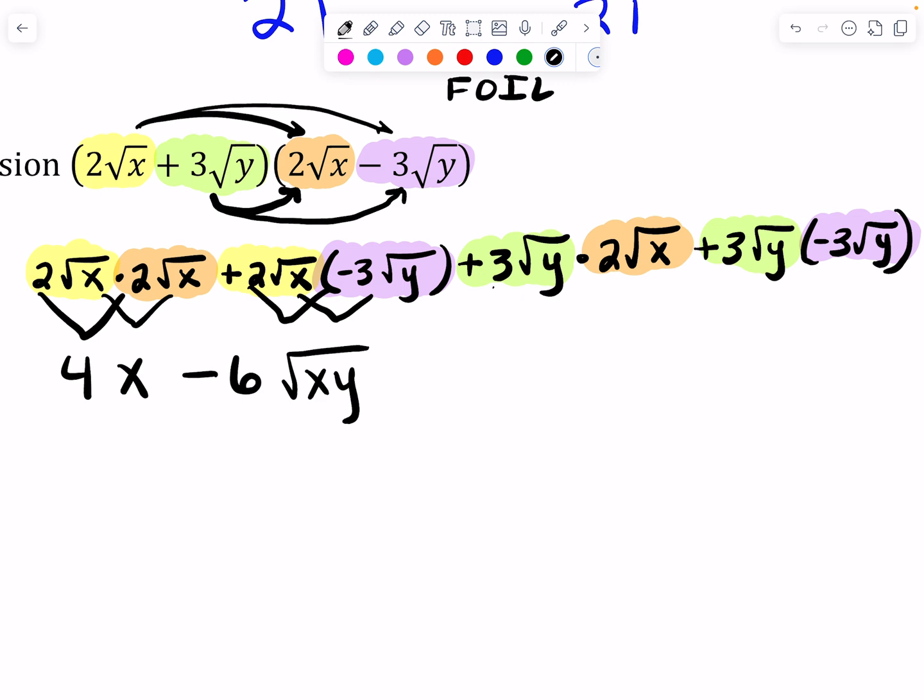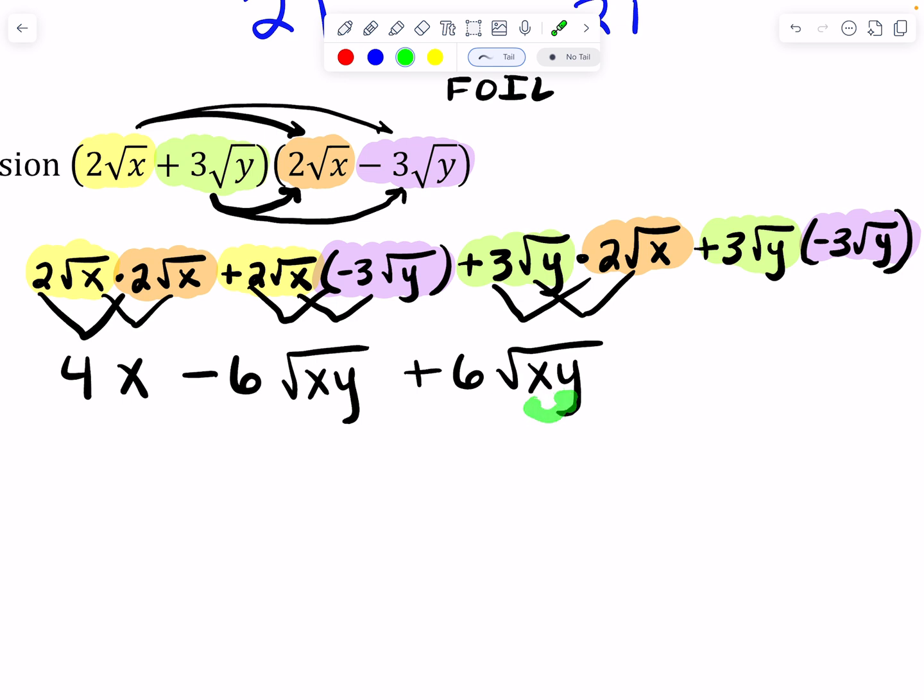Then we have 3 times 2 again, which is positive 6. And we have the square root of y times the square root of x, which is the square root of xy. Or you could write it as yx. And then at the end here, we've got 3 times negative 3, which is negative 9. And the square root of y times the square root of y is just y by itself.